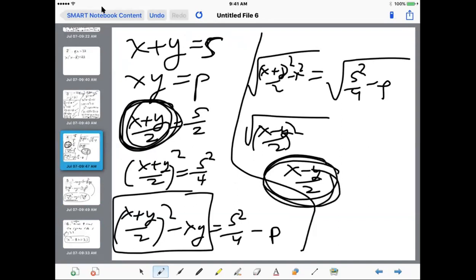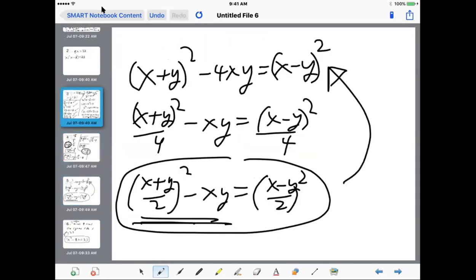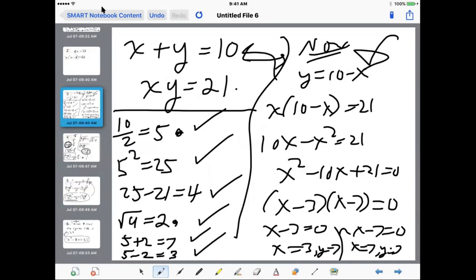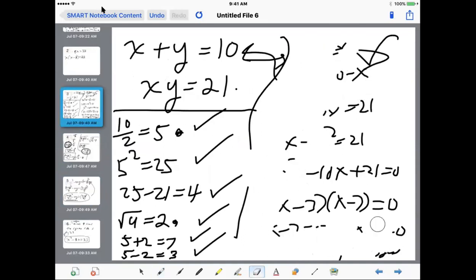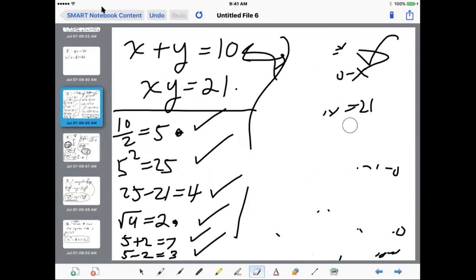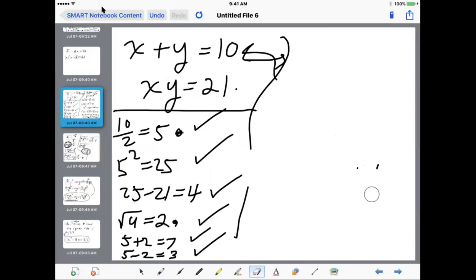Let me come to the numerical example. I'm jumping around a lot. Okay. So this 5 is X plus Y over 2.